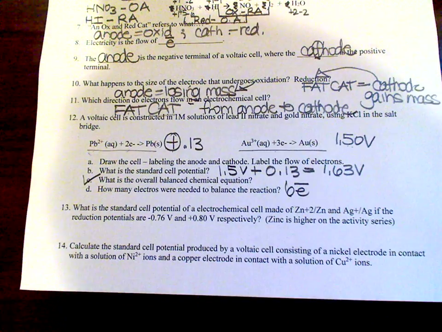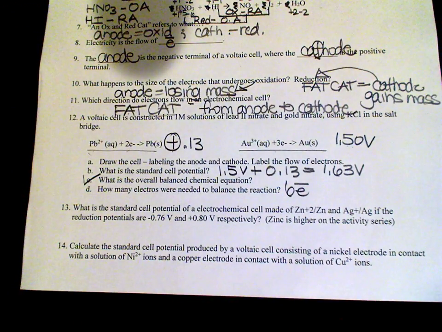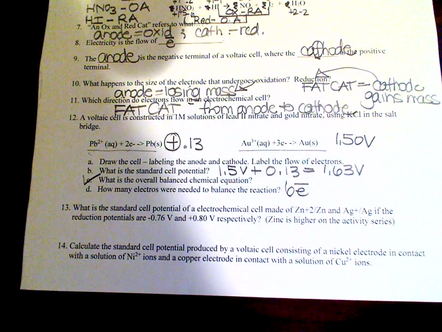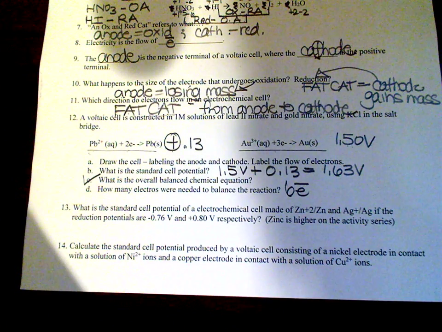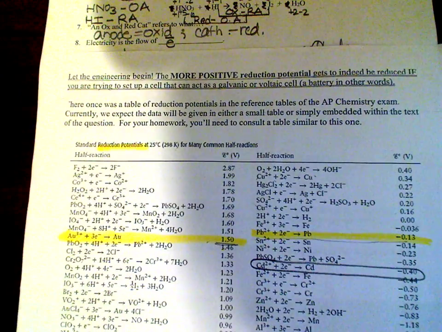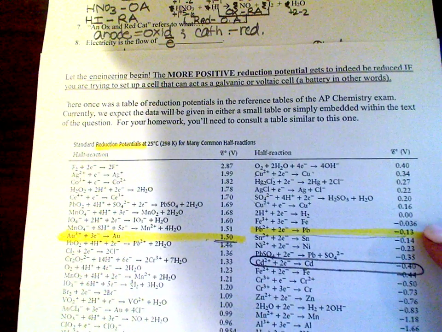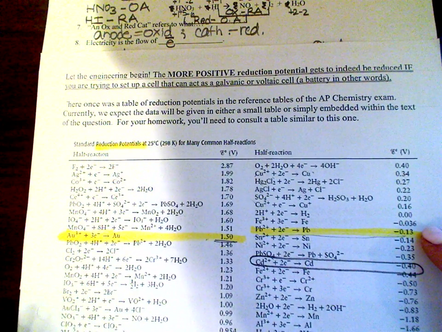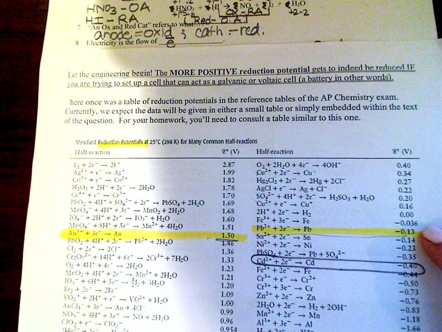All right, let's take a look at a couple of different cell potential problems just to practice doing that again. So we'll take a look at this one first. It says, what's the standard potential of a cell made of Zn2+/Zn and Ag+/Ag? So this is my Ag+ and Ag, 0.8.